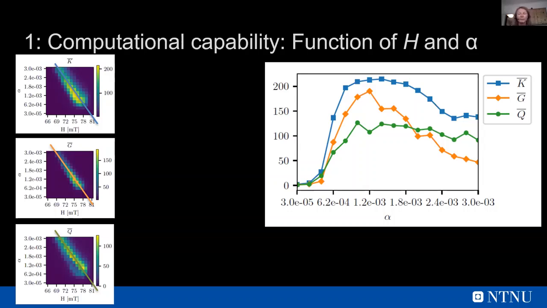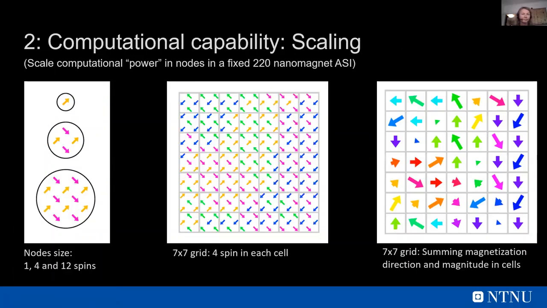We can see we have this bump where we have both quite good kernel quality and good generalization. By doing this, we have shown that we can tune the magnetic fields and the alpha, the closeness of the magnets, to make systems that are actually quite good computers.